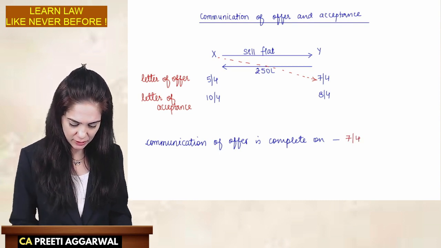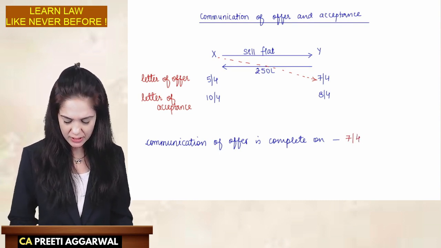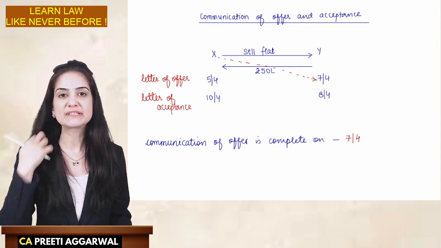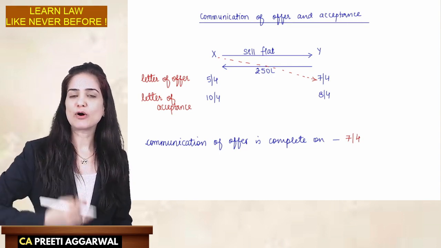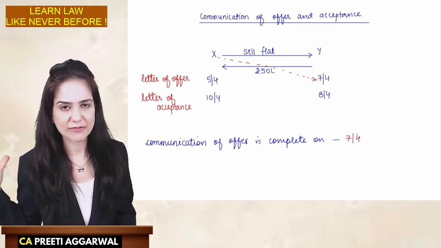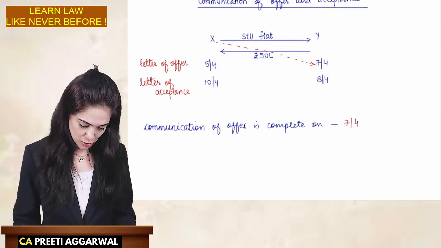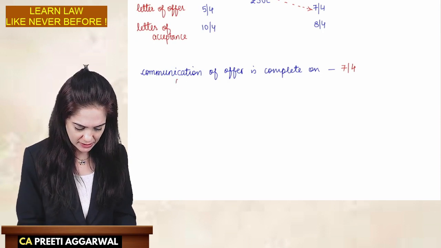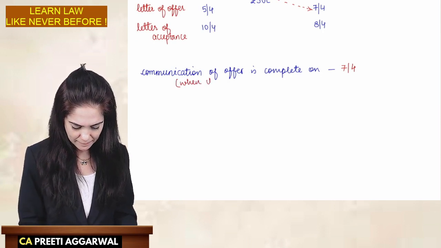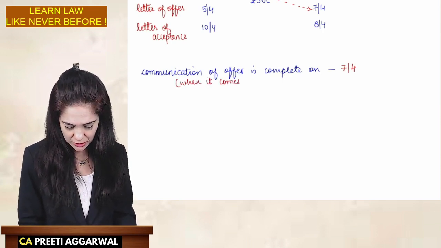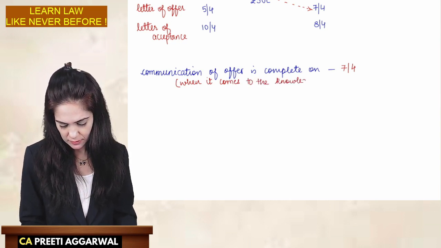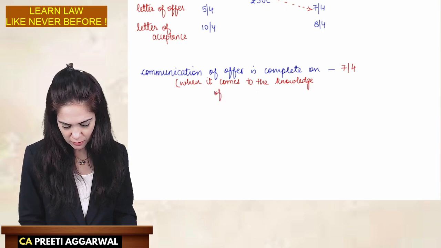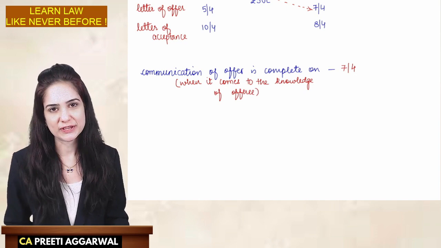Y read the letter of offer on 7th April. He came to know about the offer on 7th April. So X can easily conclude that my offer is communicated on 7th. So communication of offer is complete when it comes to the knowledge of offeree.